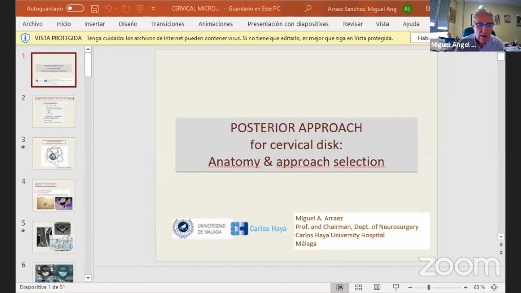It may be compressed by lateral disc herniation, in the old terminology called soft disc, or due to foraminal stenosis, due to uncovertebral and or facet joint hypertrophy, as you can see here. But in summary, producing compression of the cervical root.